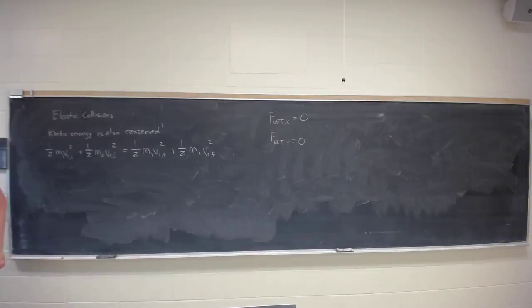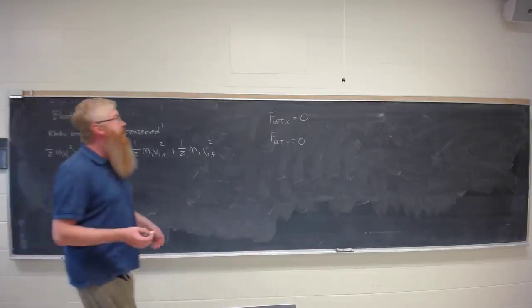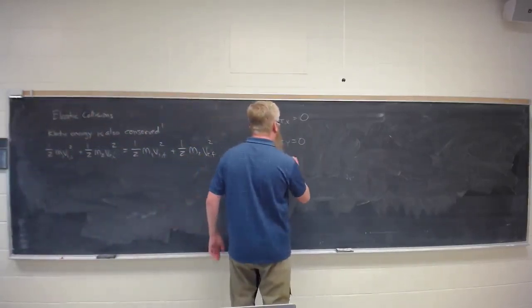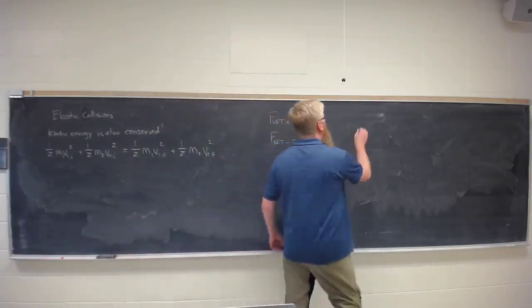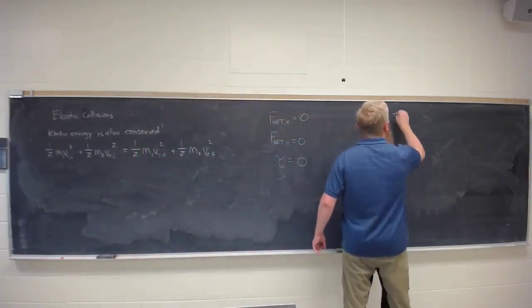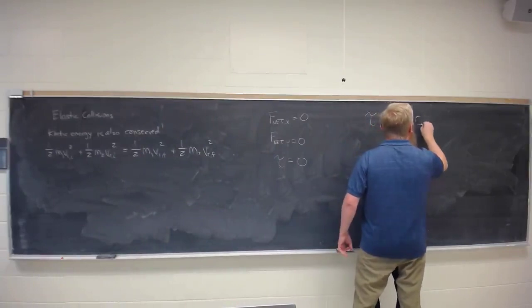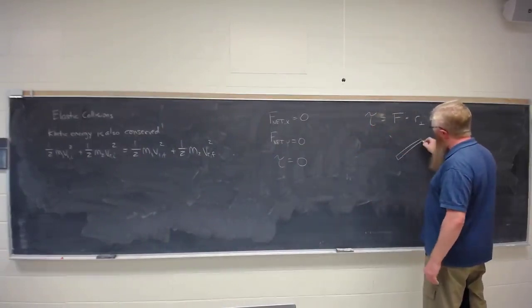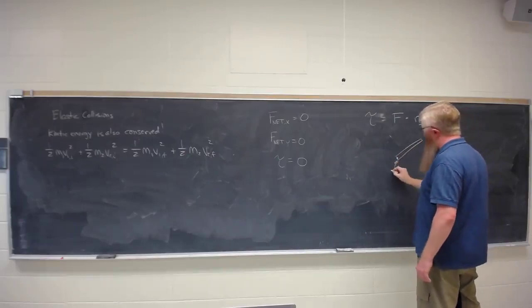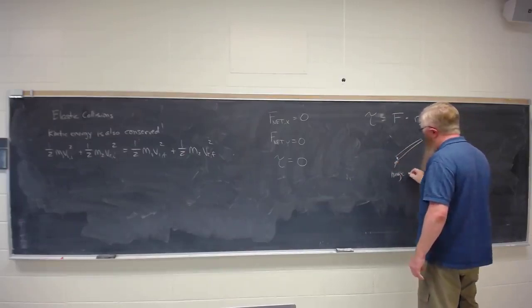And one last thing, torques have to be 0. So for statics, the torque is also 0. Torque, which we introduced in this chapter, is a force applied at some perpendicular distance, right? So like a door looking from above, here's the hinge, right?